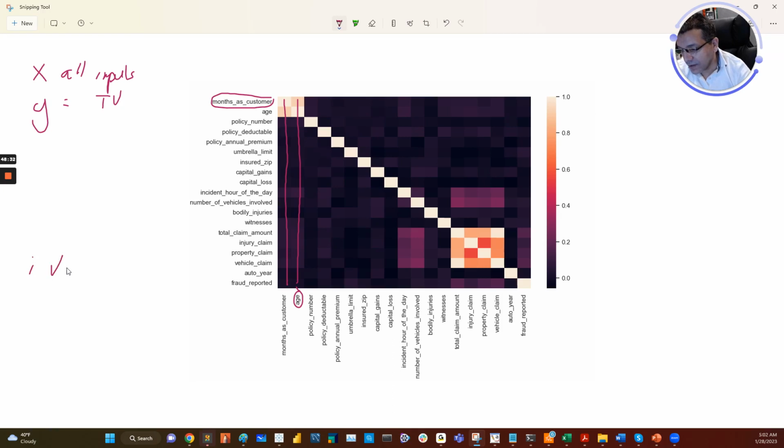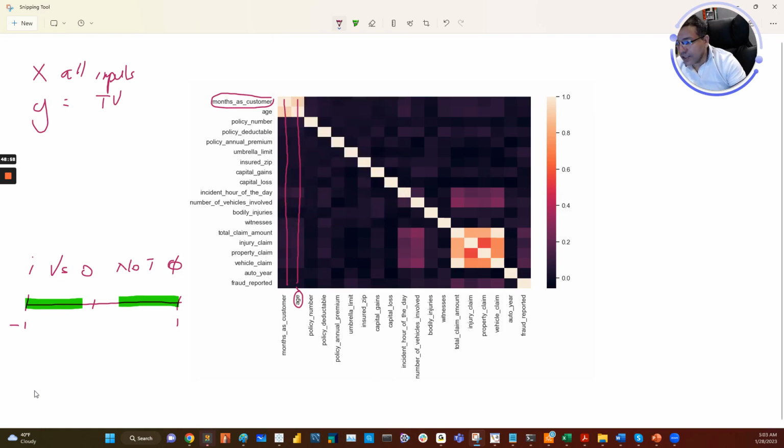we are looking for a correlation that is not zero. That means we want the correlation to be either close to 1 or close to minus 1. That's input and output. For the correlation between input versus another input, we are going to keep the ones not close to 1 and minus 1.